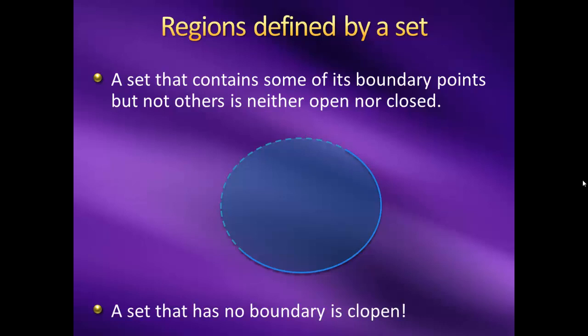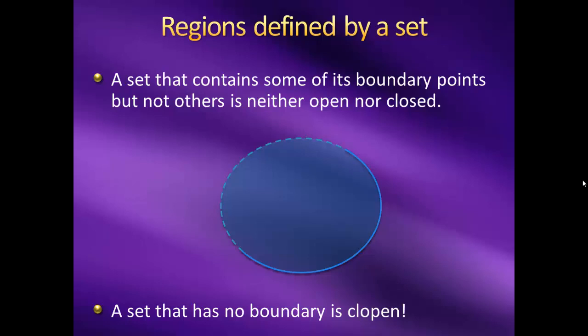And in addition, if a set has no boundary points, like, say, the real line and the null set, then the set is clopen. These definitions of open, closed, clopen, etc., using boundary points, are a little bit easier to use than some of the ones we used previously, but we had to kind of build up to them.